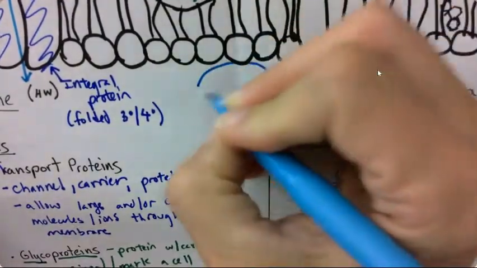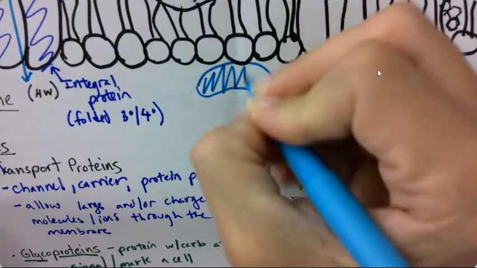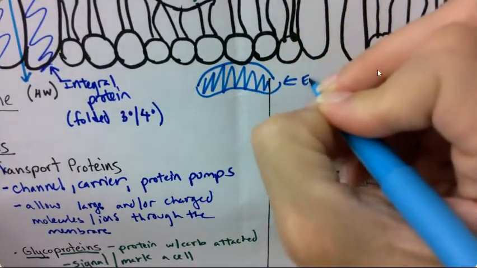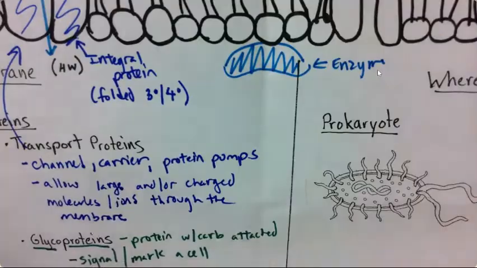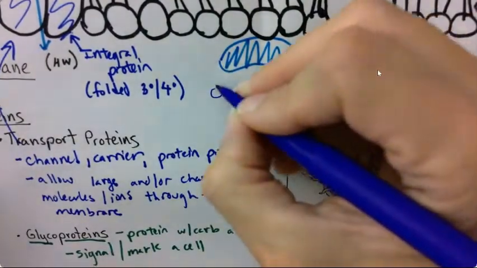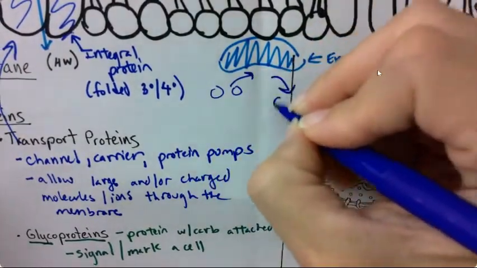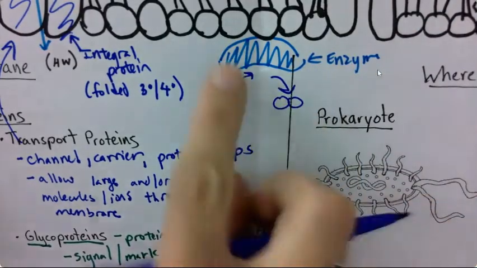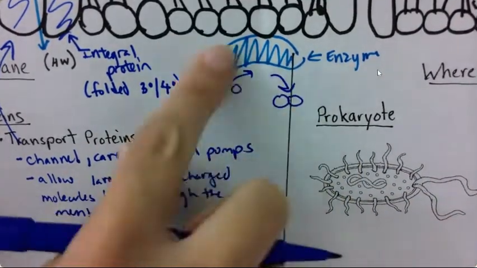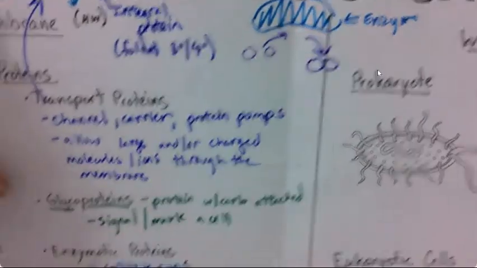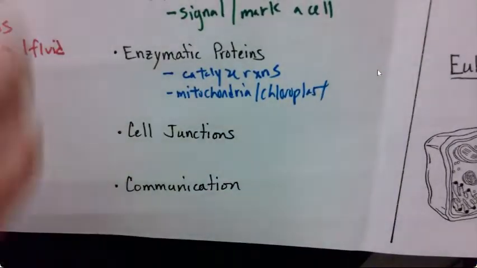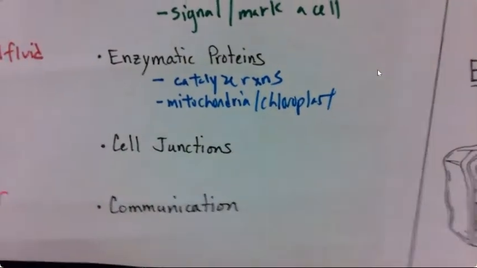They sit on the inside of the cell membrane. Something might go in and then they make a final product here, right? So they sit on the inside of the cell membrane and help catalyze reactions. Okay. There can be free-floating enzymes too, but some enzymes are attached to the cell membrane.